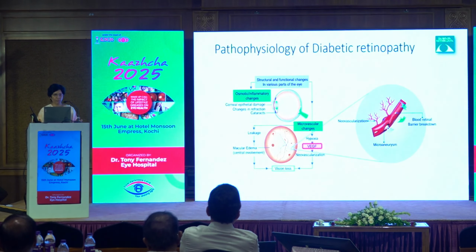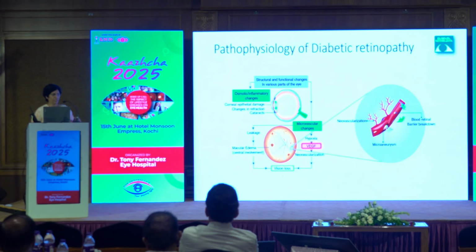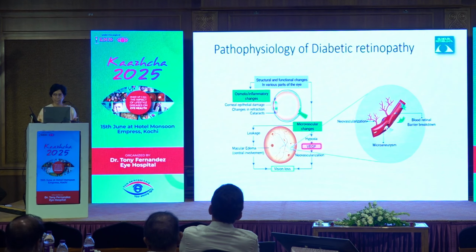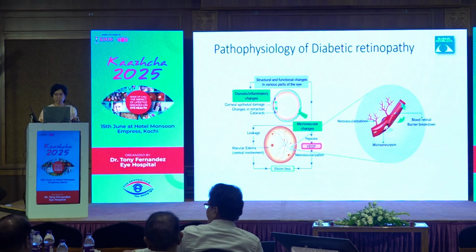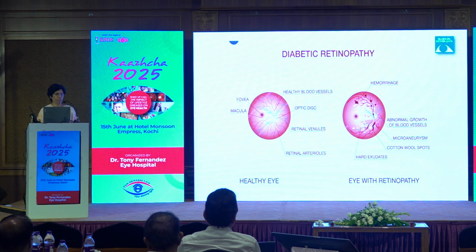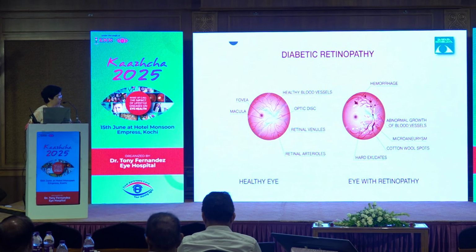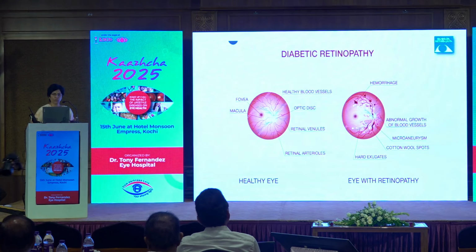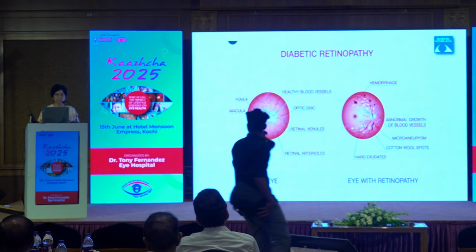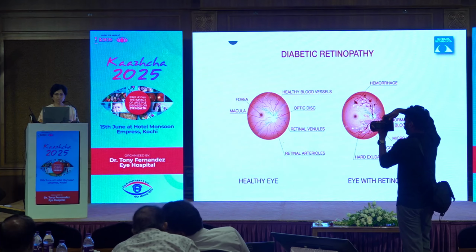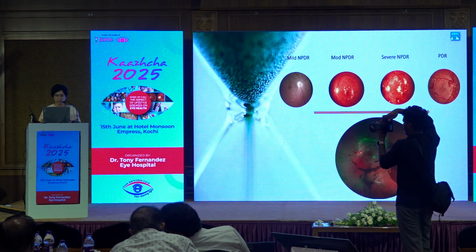We know the pathophysiology of diabetic retinopathy: changes occur in the microvasculature, the capillaries of the retina, which lead to microvascular leakage and microvascular occlusion. That leads to blood vessel leakage, hemorrhages, hard exudates, and ultimately formation of new vessels at the disc, called NVD, and new vessels elsewhere, called NVE.